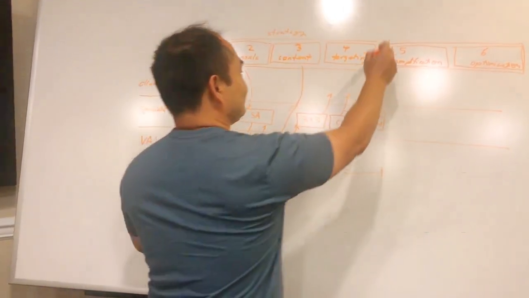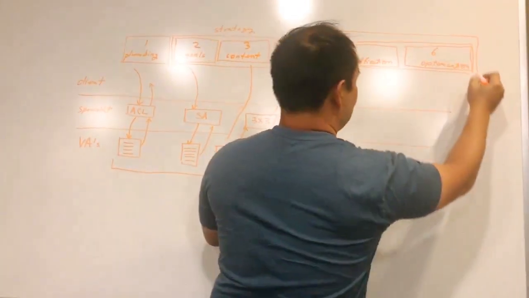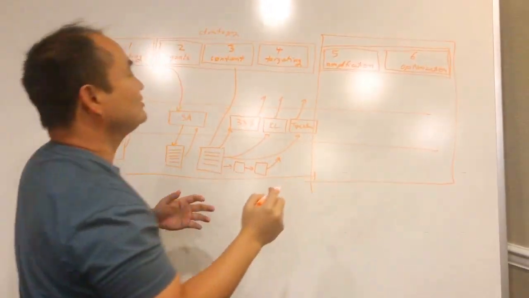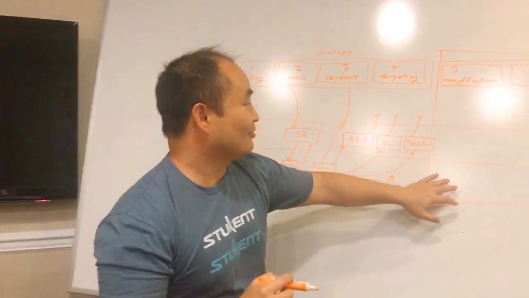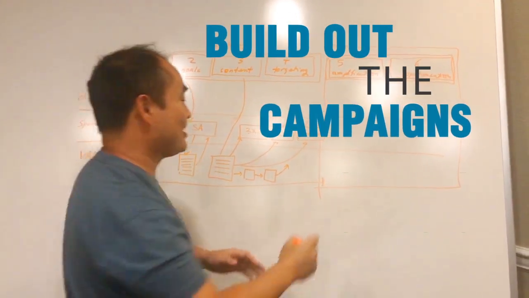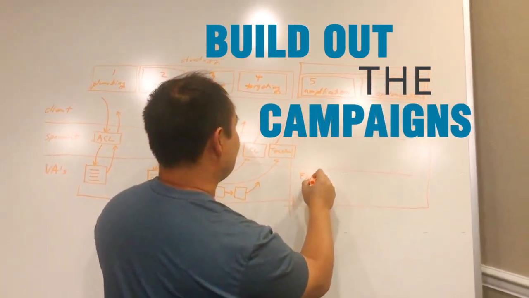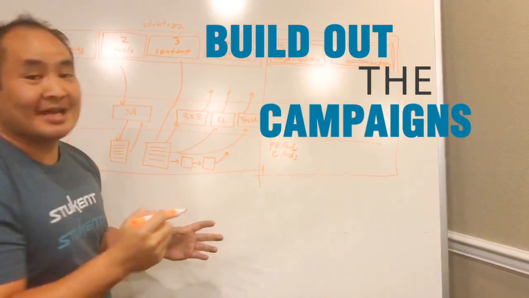Then we're able to move to the ad side. These are just documents that we're creating. But over here, we want to run ads. So this means we have to build out the campaigns. So that is mainly Facebook ads and Google ads.